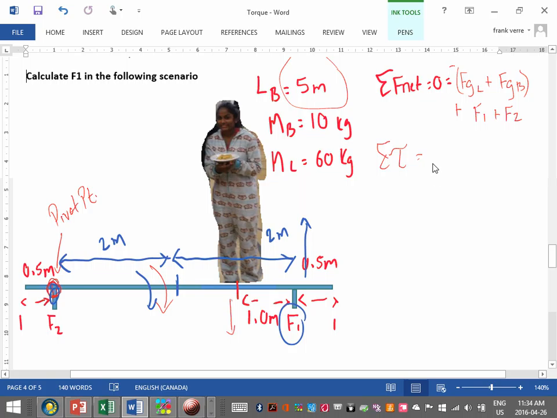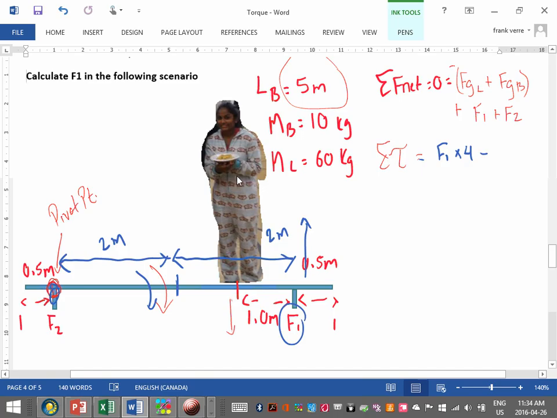So let's write these out. So let's say we'll make counterclockwise positive. So we can say that F1 times, what's R? How far away is F1 from F2? 4, right? So we can say F1 times 4 minus the torque going the other way.